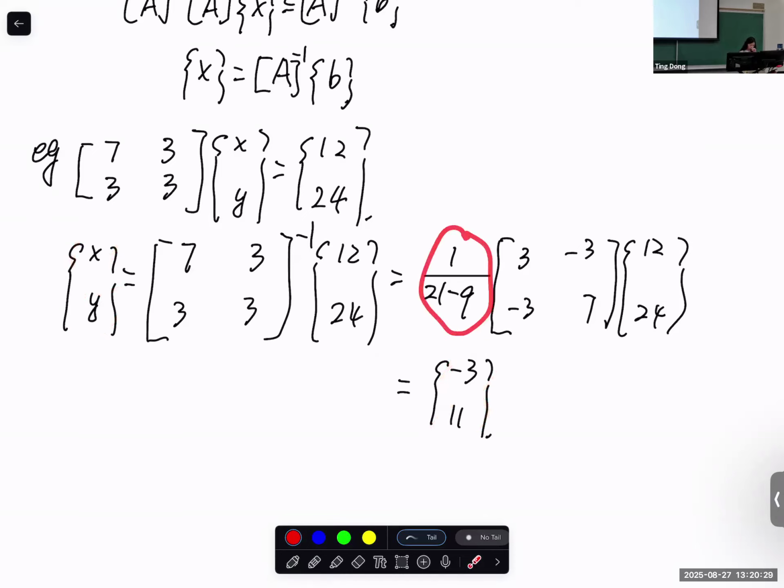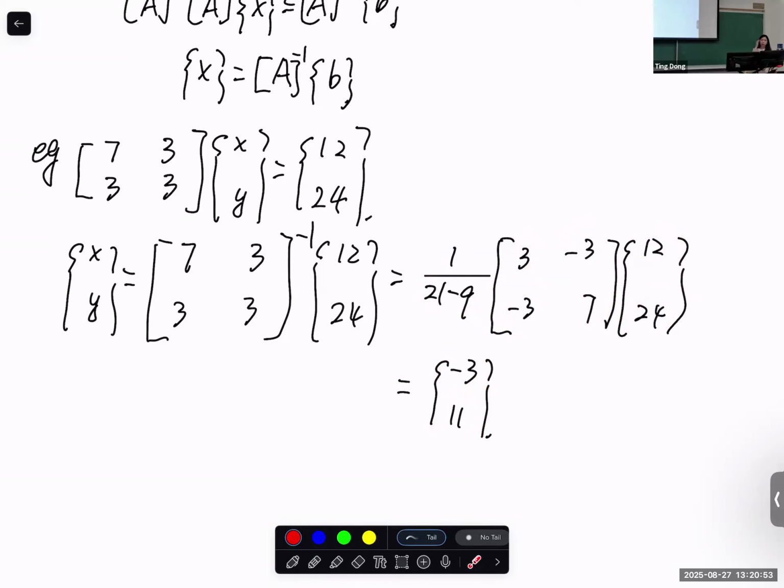So basically, you have this coefficient, this one times this one, plus this one times this one. This becomes negative 3. And the second component, y, is this one. So this is a common coefficient, and negative 3 times 12 plus 7 times 24, and you get 11.